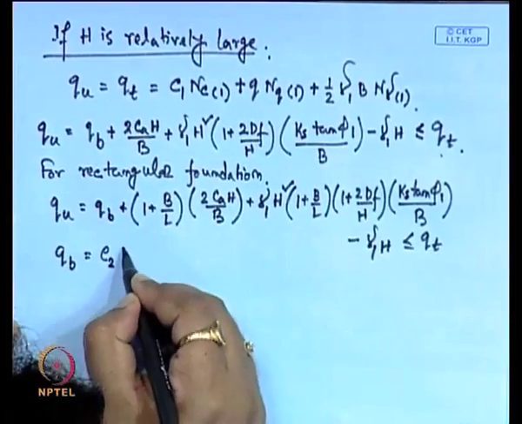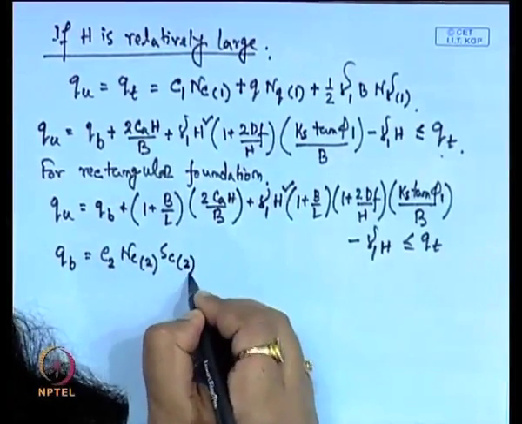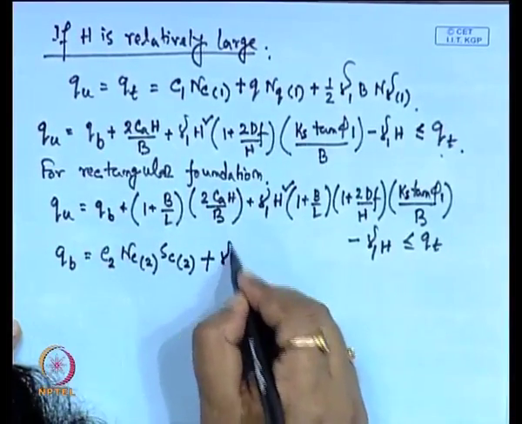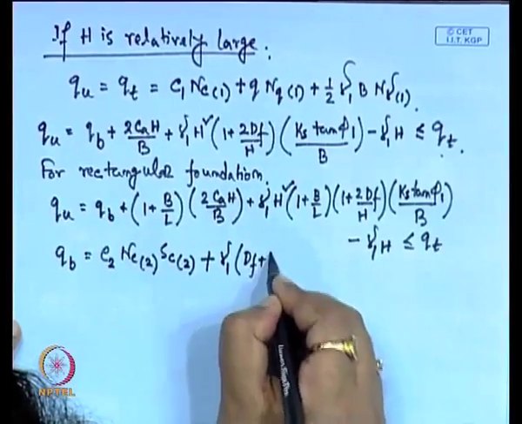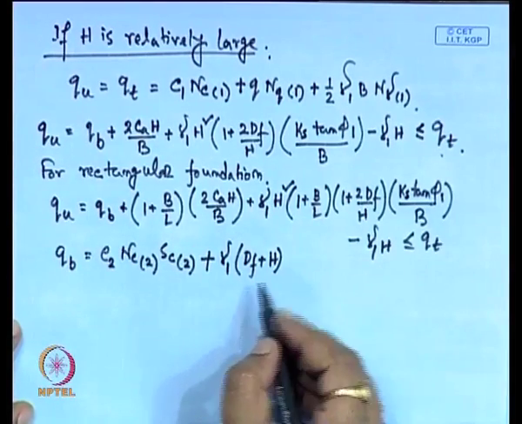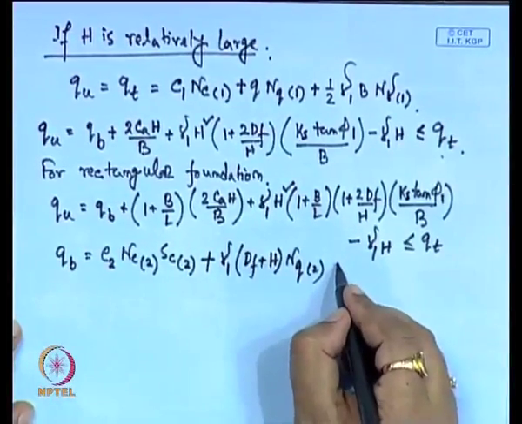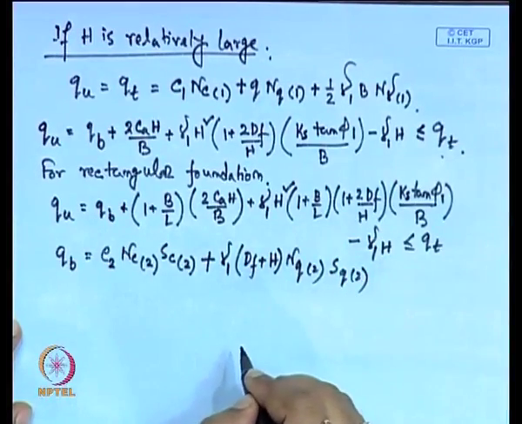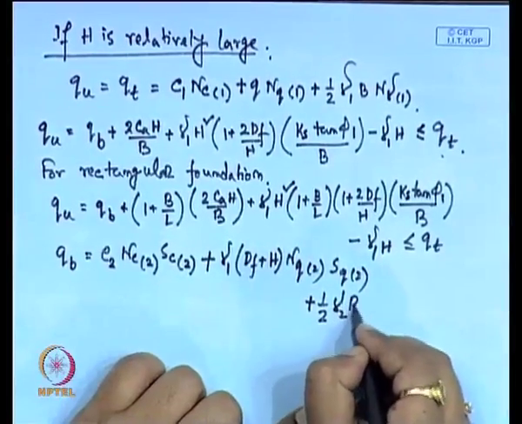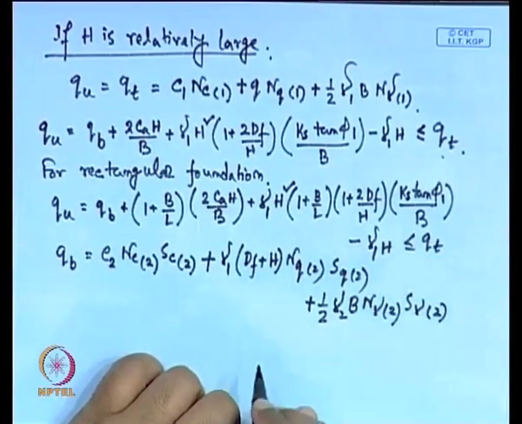So, this will be C2 Nc2 into Sc2, Sc2 is the shape factor, plus gamma 1 (Df plus H), that is the surcharge which is coming from the top layer, into Nq2 and Sq2, then plus half gamma 2 B N gamma 2 into S gamma 2.